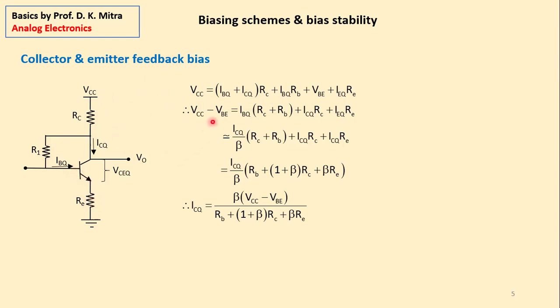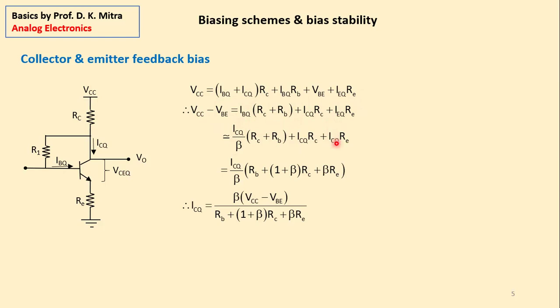So once again, VCC minus VBE is equal to IBQ multiplied by RC plus RB, plus ICQ RC, plus IEQ RE. IBQ is written as ICQ by beta, RC plus RB, and ICQ RC, and IEQ is once again written as ICQ.